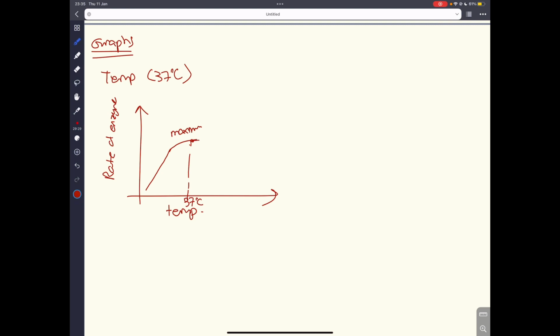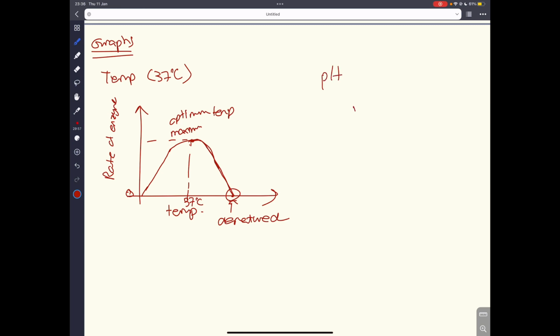However, once you go over its optimum temperature, the rate is going to start decreasing rapidly, and it's going to go to 0. And when the graph touches 0 at this point, we can say that the enzyme has denatured.